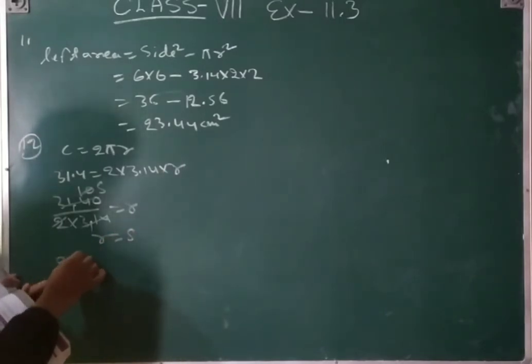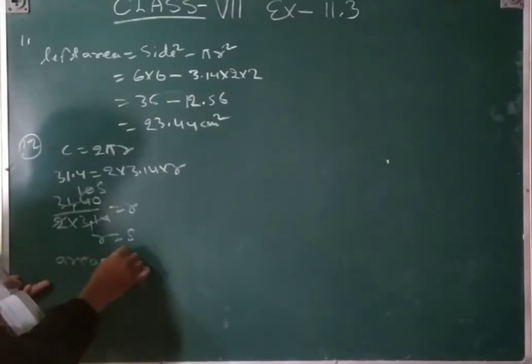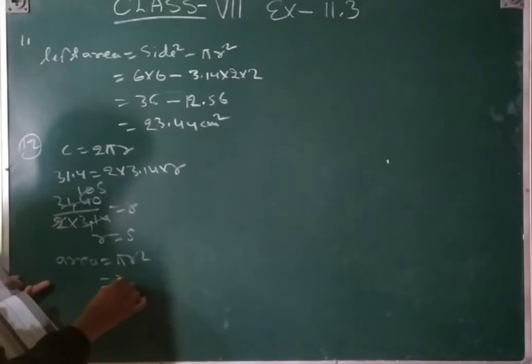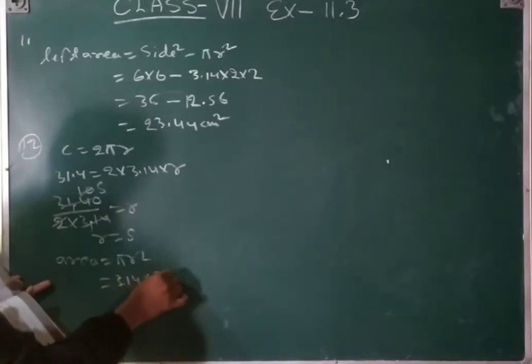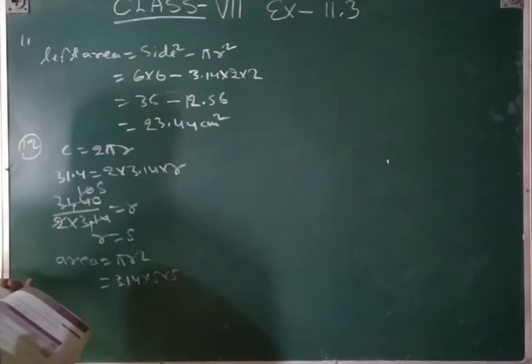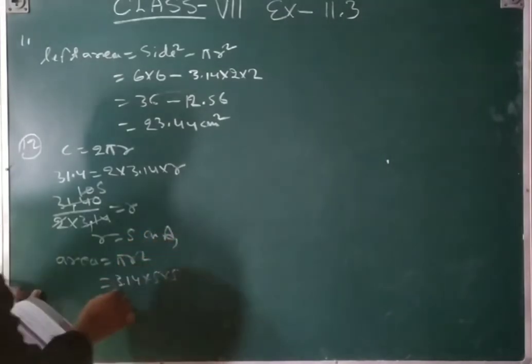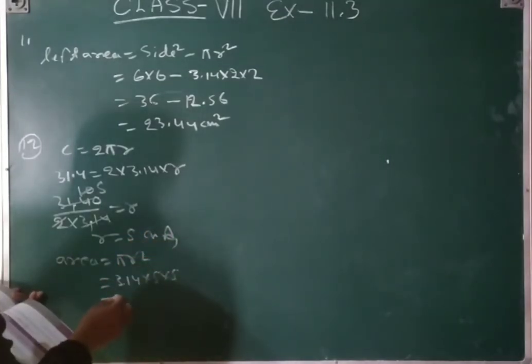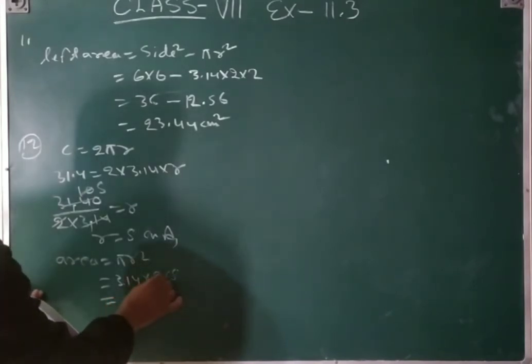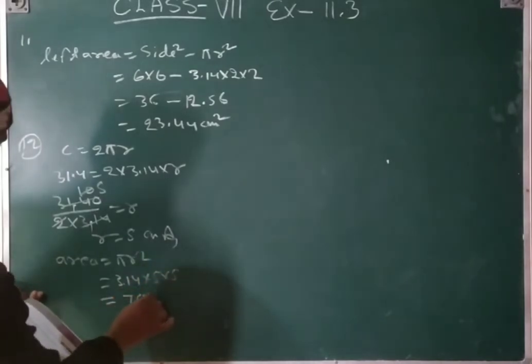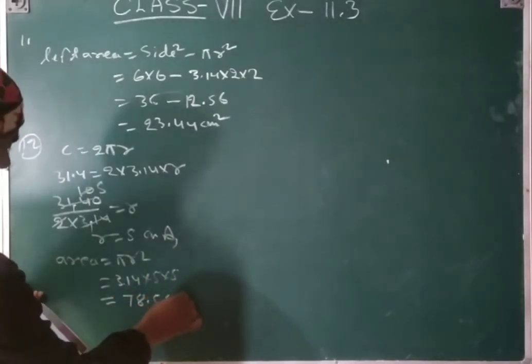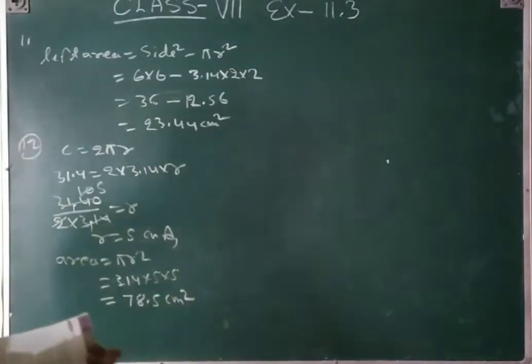So area is equal to pi r square. So 3.14 into 5 into 5, that is the answer in centimeter, and by the multiplication that will be 78.5 centimeter square.